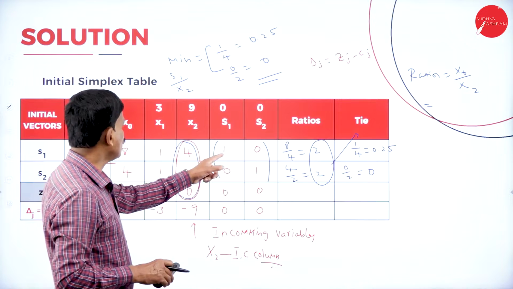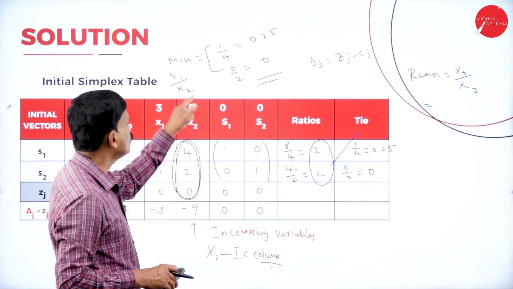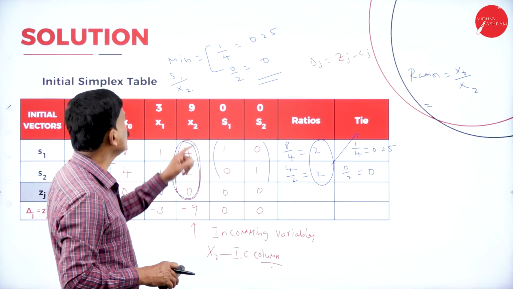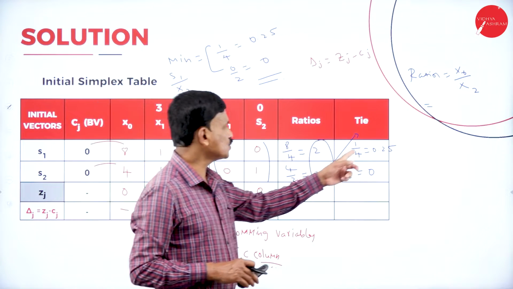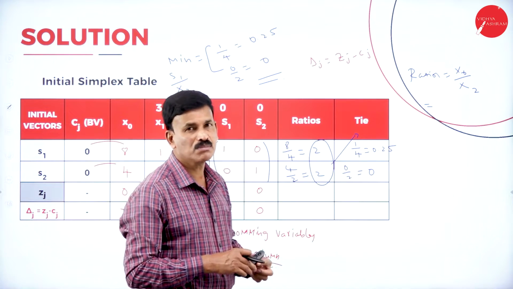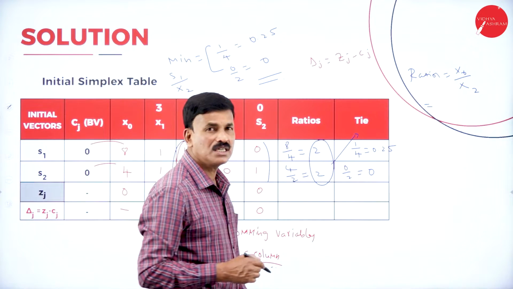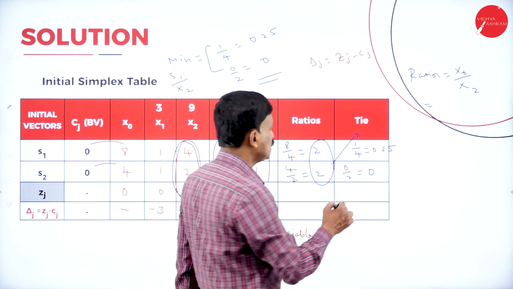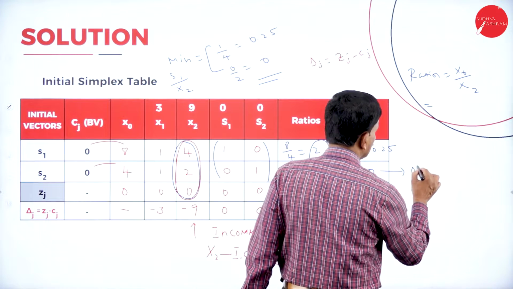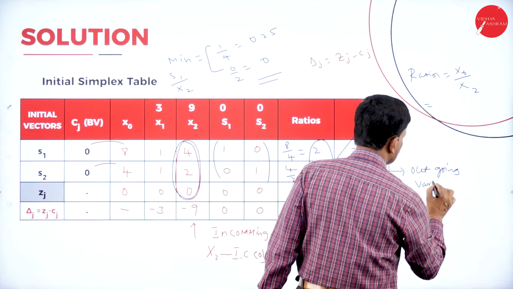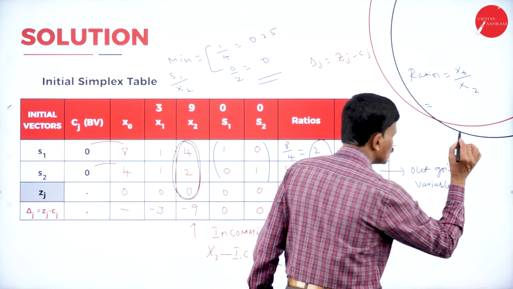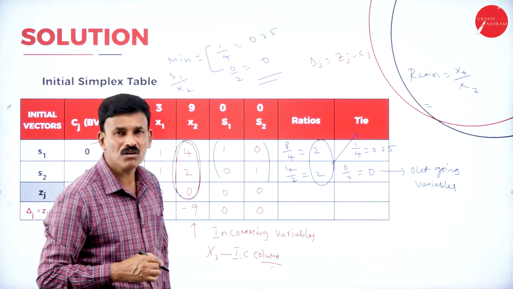In this case 1 by 4 is 0.25 and 0 by 2 is equal to 0. Hence the ratios are different, so the tie is broken here. The least positive value is 0. Therefore these are the outgoing variables. So the degeneracy is solved here.